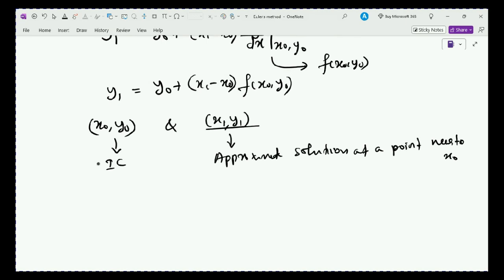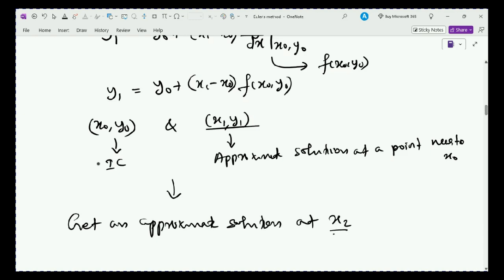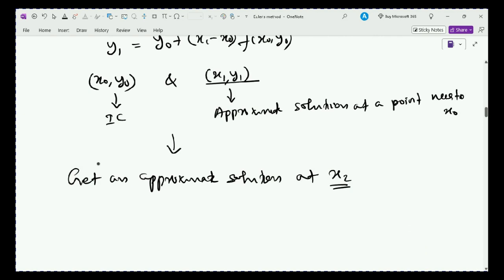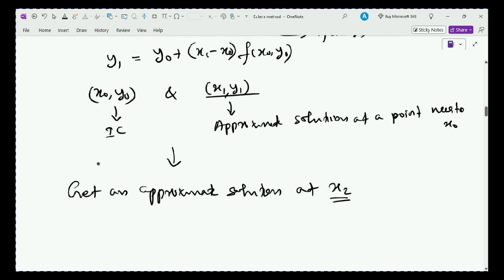at one more point, let's say x2. Okay, x2 is a point which is very close to x1. So how will that look? We can write an expression for that, looking at this.